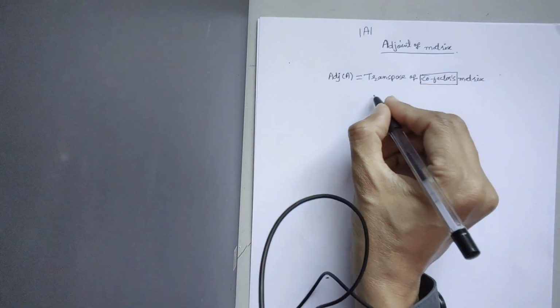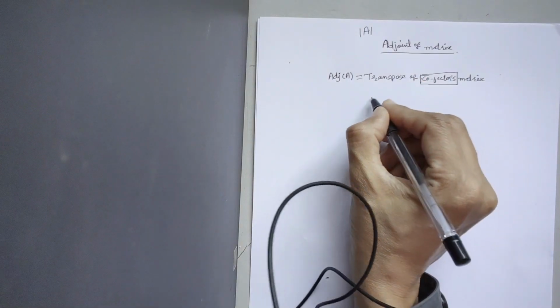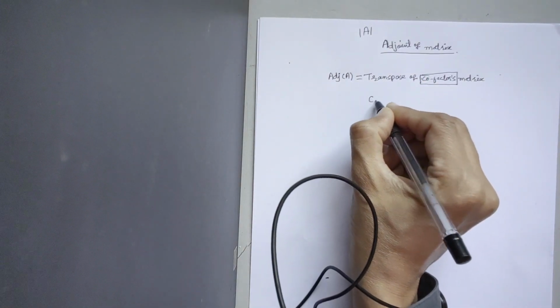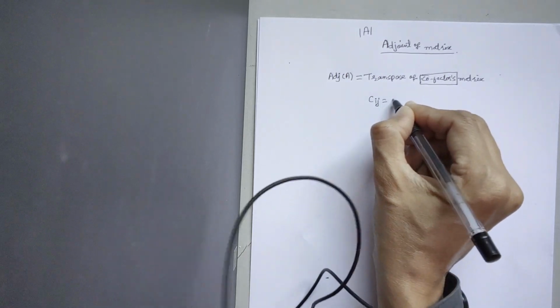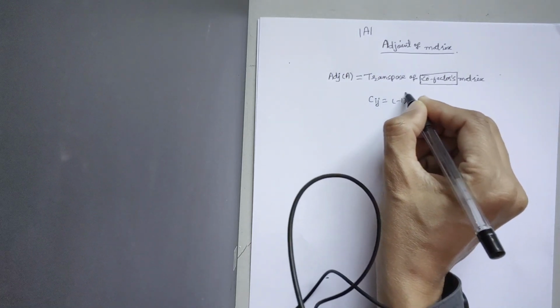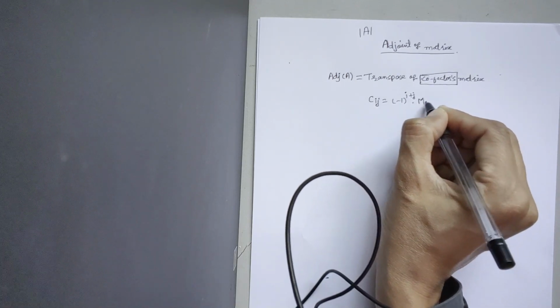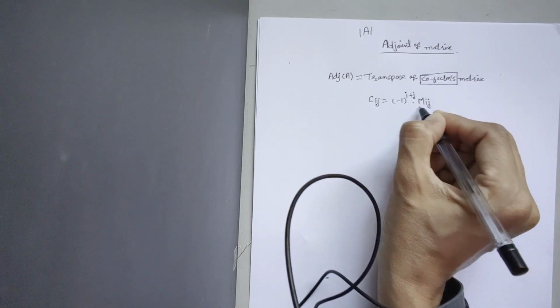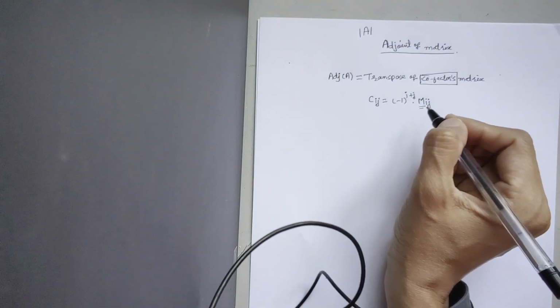So the simple formula for the cofactor of a matrix is, if I want to find the cofactor Cij, then the formula is (-1) to the power i plus j multiplied by Mij, where M is the minor.